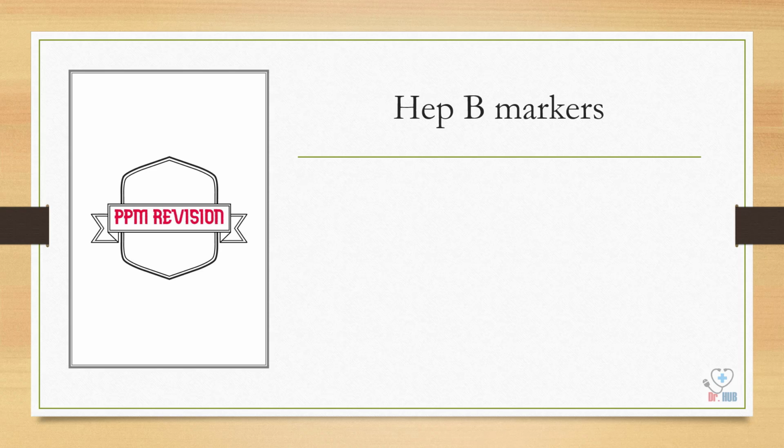It is seen mainly in the pre-icteric phase of the disease, and it remains in circulation throughout the symptomatic course. Upon recovery, HBsAg disappears, and it can remain in carriers for a long period of time.